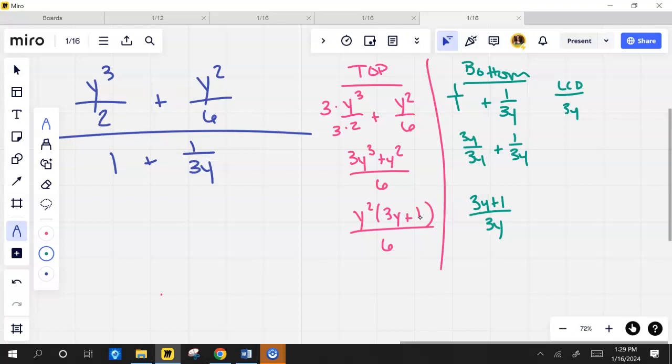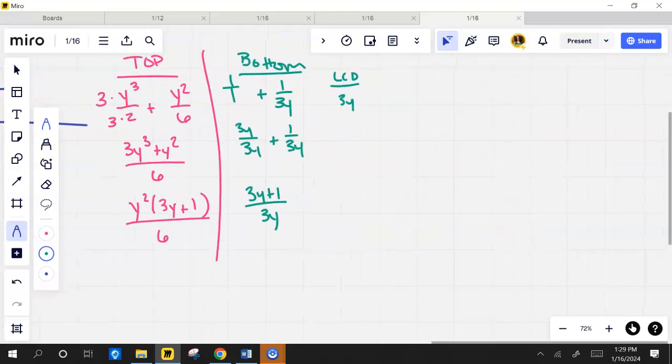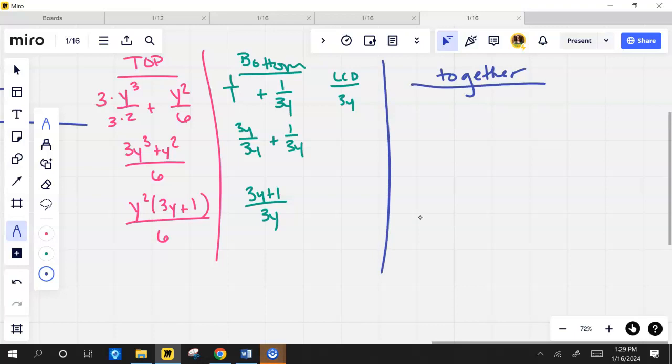All right. Let's put them together now. We're going to do first fraction times, and then I'm going to flip that second fraction over. 3y over 3y plus 1. Can I put parentheses around this 3y? Yes, because that's the entire denominator. That's right. And now I can start crossing wherever I can, whatever factors cancel.